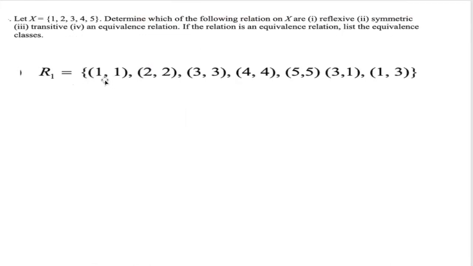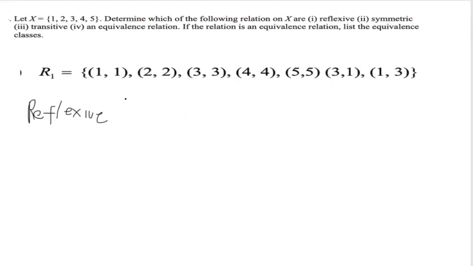And here we have a set that says (1,1), (2,2), (3,3), (4,4), (5,5), (3,1), (1,3). Now the first question you need to ask is, is it reflexive? In order for it to be reflexive, we know that (x,x) is an element of the relation. Do you remember the diagram?